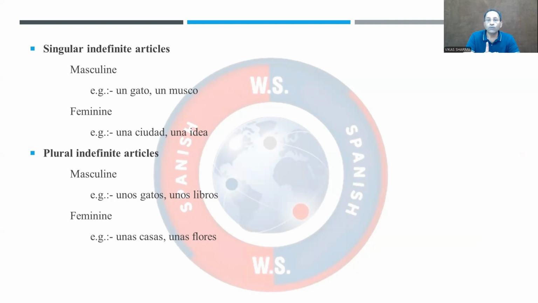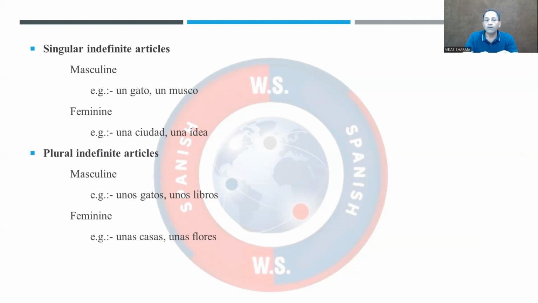Okay, now feminine singular, una ciudad, una idea. Okay, now for plural indefinite, masculine, unos gatos.